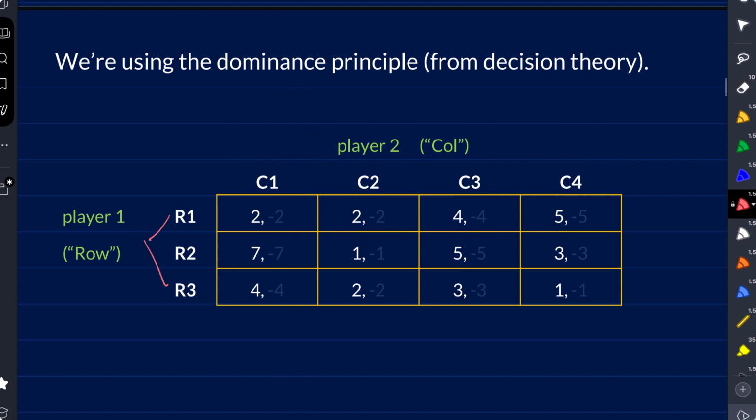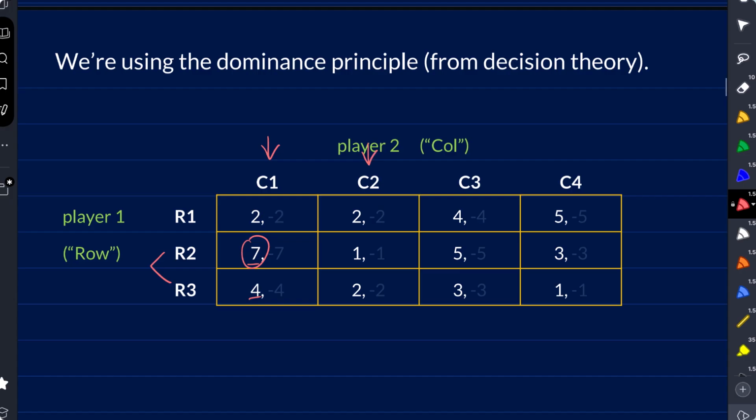Between R1 and R3, if C1 happens, R3 is better. If C2 happens, they're equally good. If C3 happens, then R1 is better. And if C4 happens, then again, R1 is better. But neither strategy dominates the other. And then between R2 and R3, if C1 happens, R2 is better.